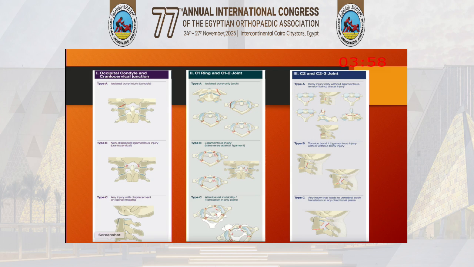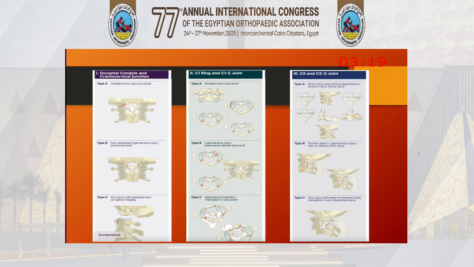Here is the occipital condyle and craniocervical junction with types A, B, and C: type A includes individual joint bony fracture with no or little ligamentous injury, type B also has little injury but still no translation, and type C is complete translation, either anterior, posterior, or distraction.